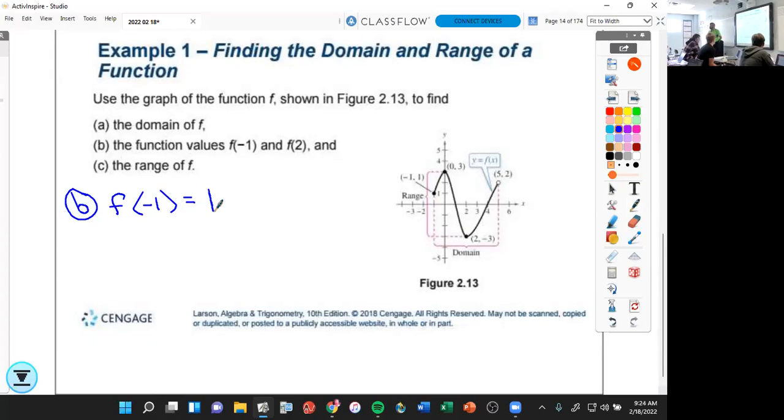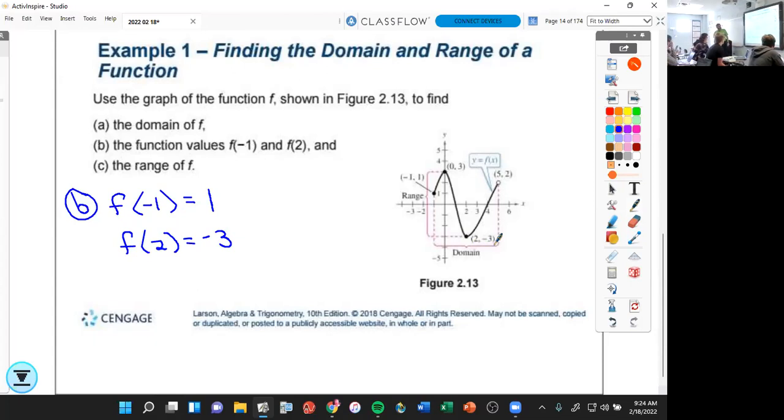When the x value is -1, the y value that corresponds to that value is 1. Okay. F of 2. -3. Because when the x value is 2, the corresponding y value is -3. And we've already discussed the range on this.